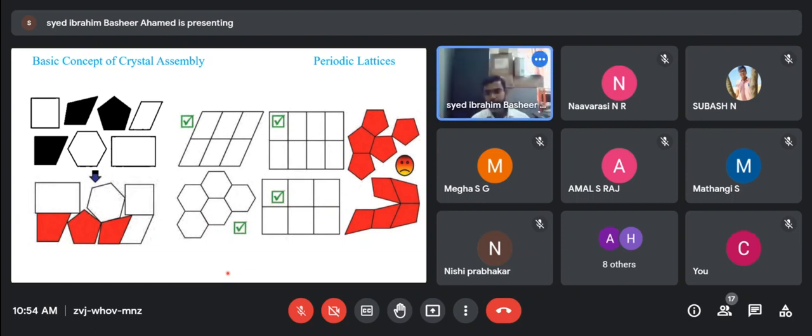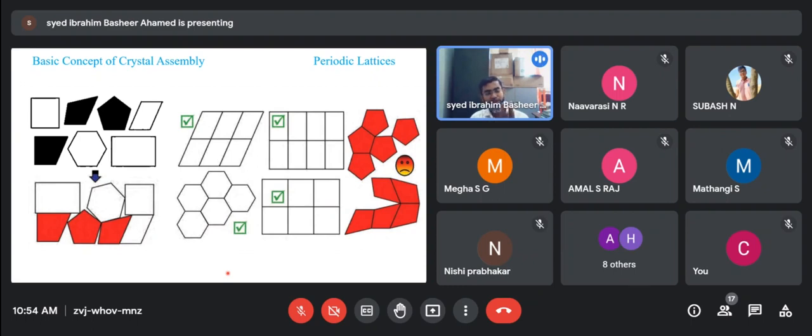So when you have crystals, they will form a uniform layer, one by one. You will have one layer, and then another layer, another layer. Like that, you will have a proper arrangement of the crystal.